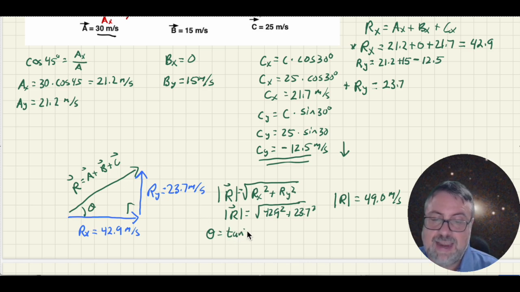To find the angle, I need to use an inverse tangent function. So that's tan inverse of the y side over the x side. That is, the tangent is opposite over adjacent. So I'm doing the inverse tangent of the opposite side over the adjacent side.